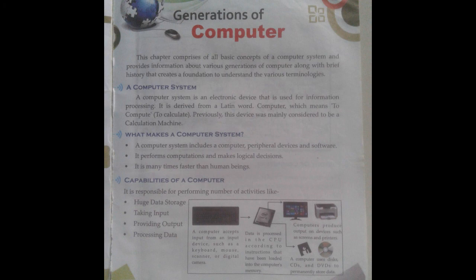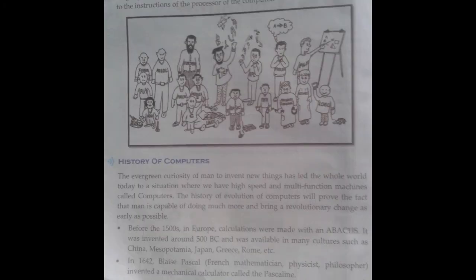Now next page, first heading, computer languages. Before moving further, let me tell you, computer knows only one language, and that is machine language. It is very lengthy and difficult to learn. So there are sorts of languages given to us in the form of English and a combination of some mathematical and symbolic form.